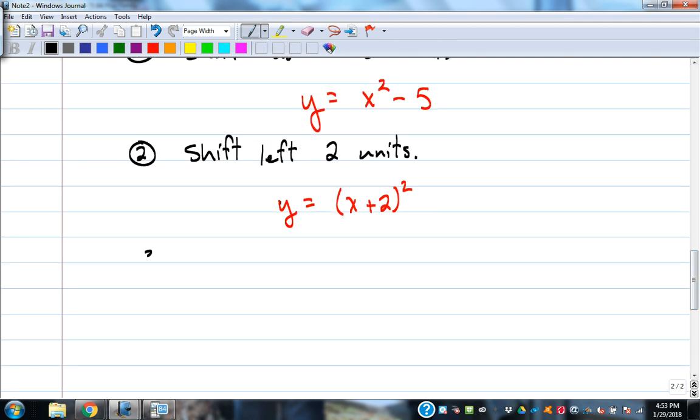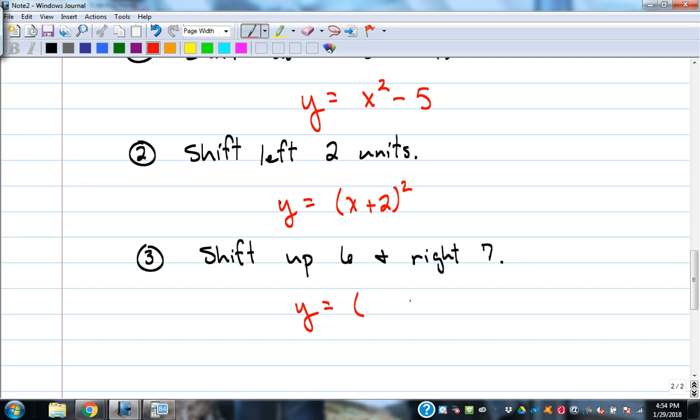Let's make it more fun. Let's shift it up 6 and right 7. So 2 things. So what have I got going on here?